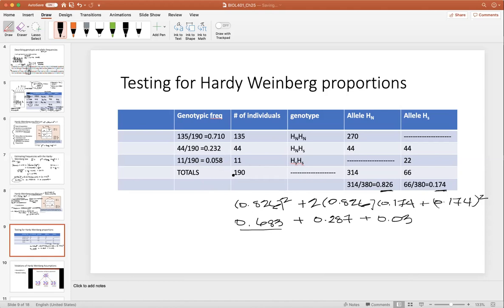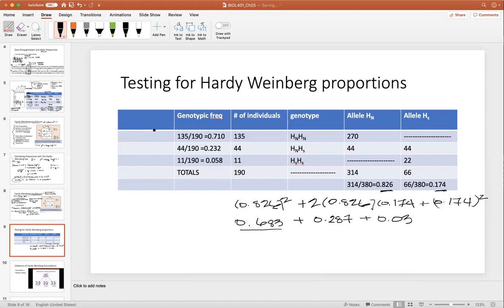Let's multiply these by 190 to see what we should have if our population was what we expected it to be from Hardy-Weinberg equilibrium. Let's just see how these numbers work out. So let's take 0.683 and multiply it times 190 to see how many individuals we should have had if our population was in Hardy-Weinberg equilibrium, okay?